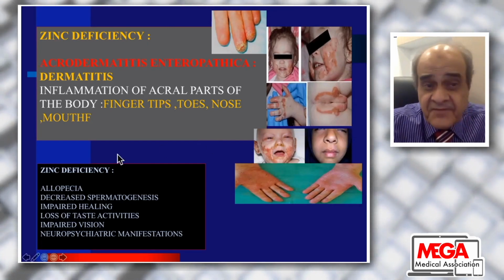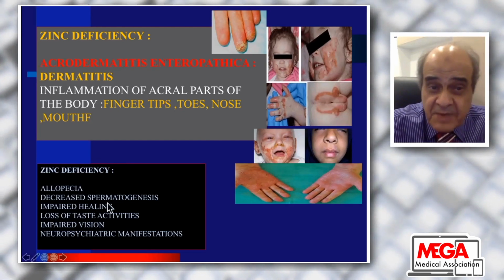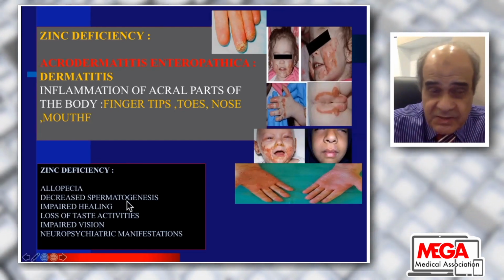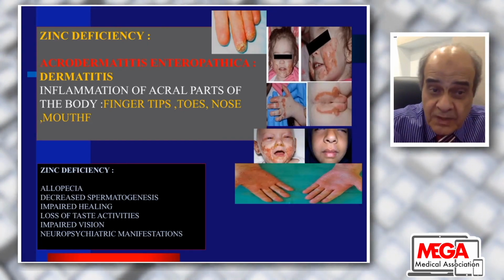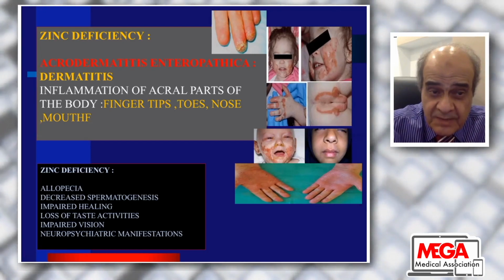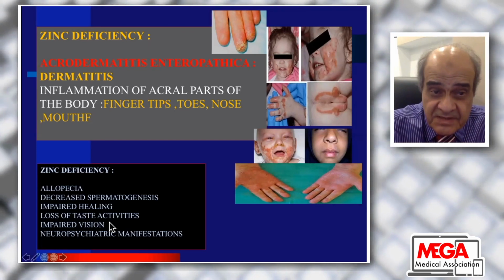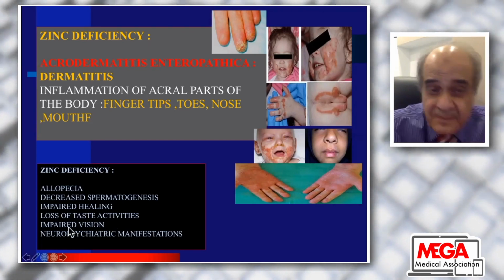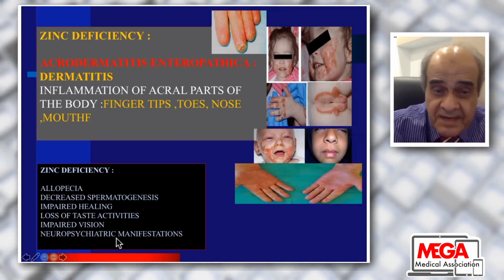Zinc deficiency, don't forget, leads to alopecia, decreased sperm maturation, so important for reproduction, impaired healing of wounds, and so very important in treatment of extensive wounds and burns, loss of taste activity, and also impaired vision, and neuropsychiatric manifestations.